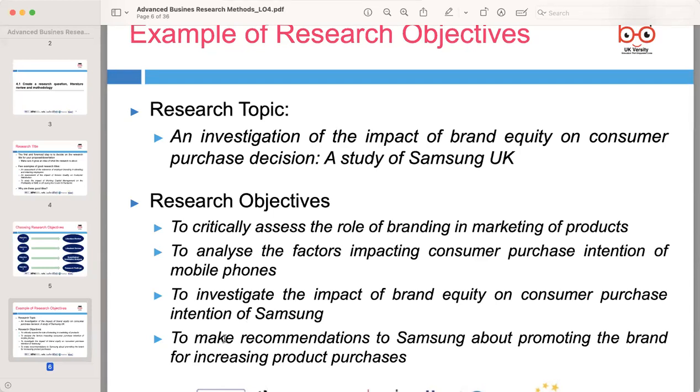And finally, to make recommendations to Samsung about promoting the brand for increasing product purchases. So here we will offer suggestions to Samsung on how they can enhance their brand promotion strategies to boost or increase their product sales.